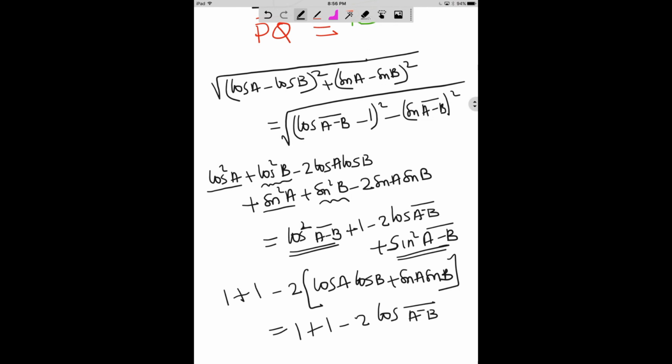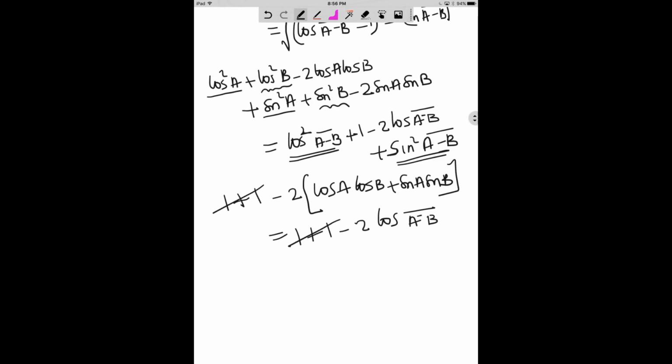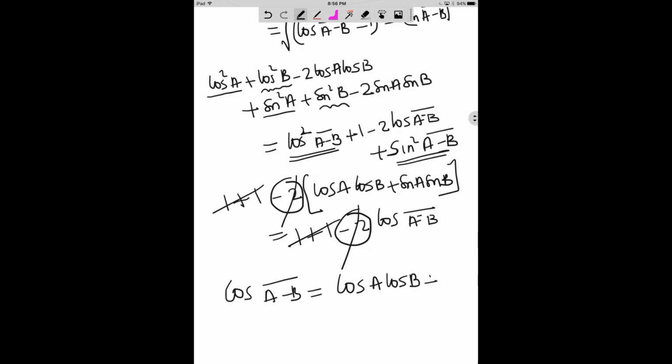See, 1 plus 1 we can cancel. Minus 2 we can cancel it. So the final result: cos(A minus B) equals cos A cos B plus sin A sin B. This is the answer.